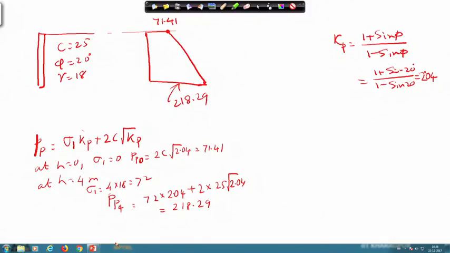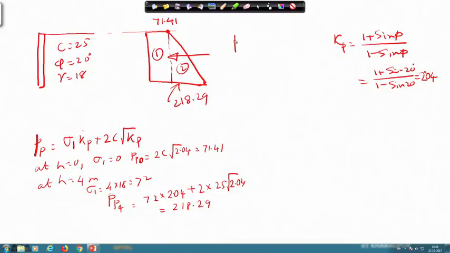If I find the area of this diagram, the thrust will be acting somewhere here. It is a trapezoidal area. If I know the centroid of the trapezoid, then we can find it directly. Otherwise, for simplicity, I can divide it into two parts, this will be 1 and this will be 2.